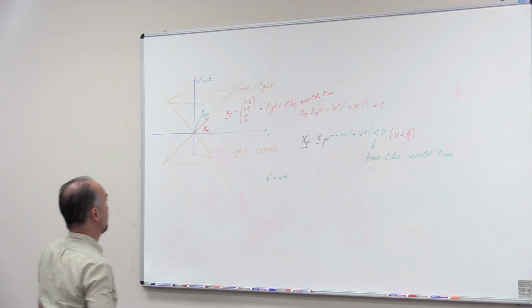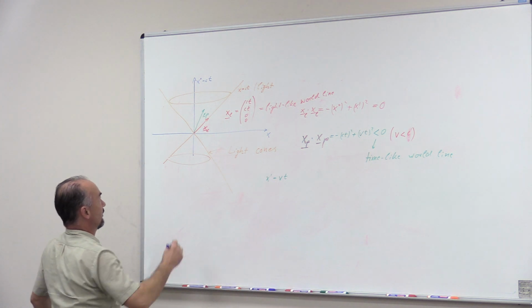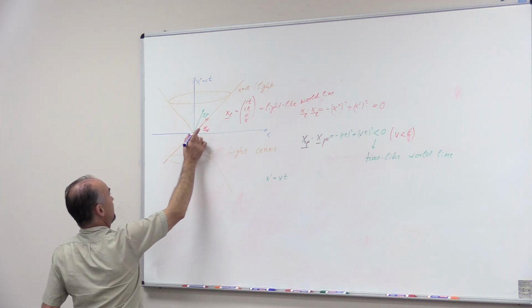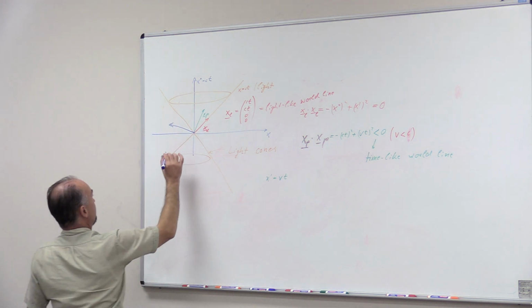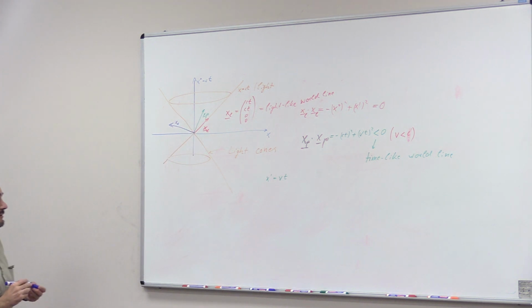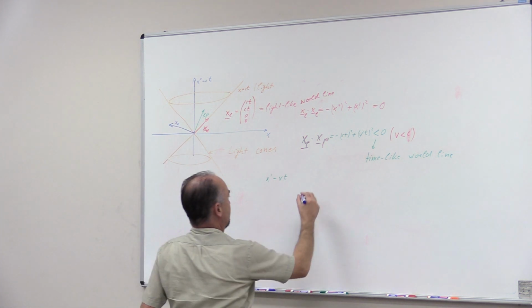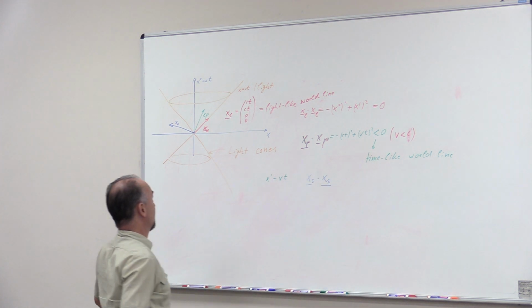And finally, if we try to connect this point here to a point that's outside of the light cone, so let's call this xs, with xs dot xs, we have that.